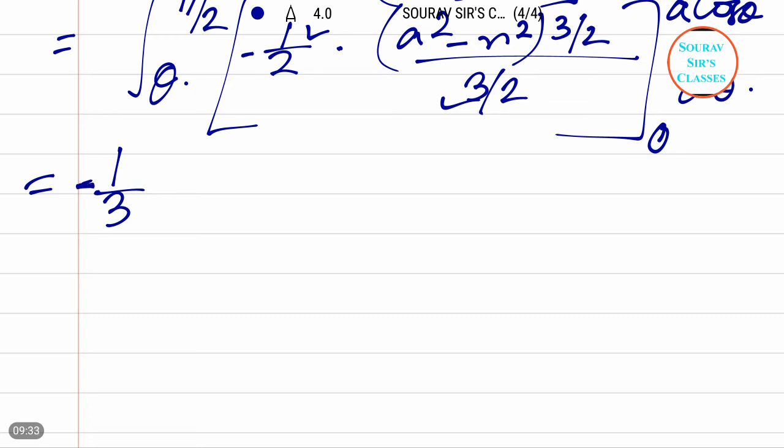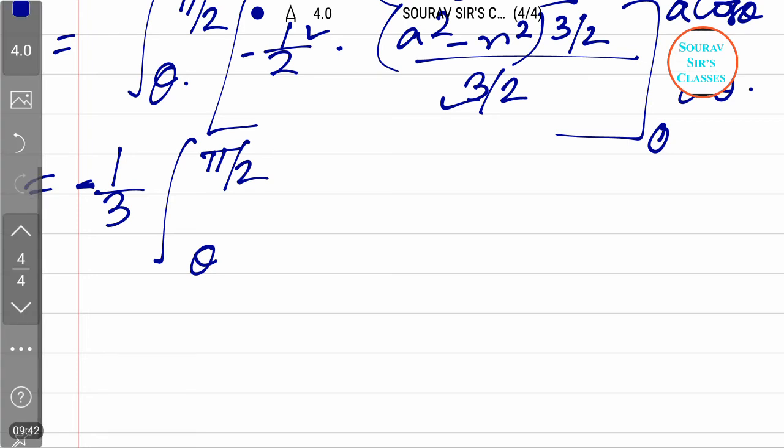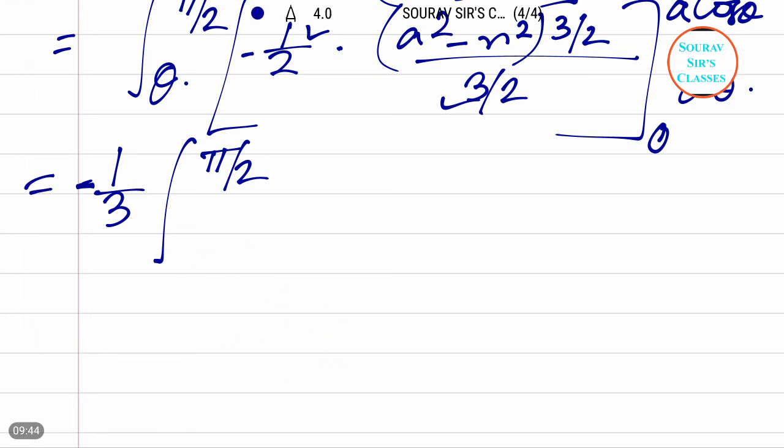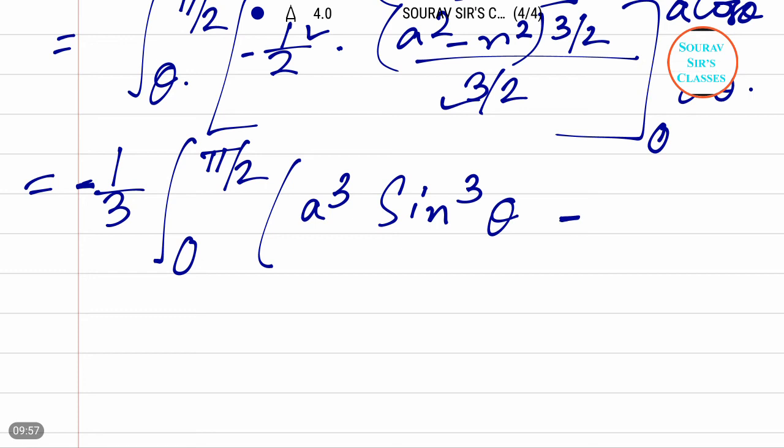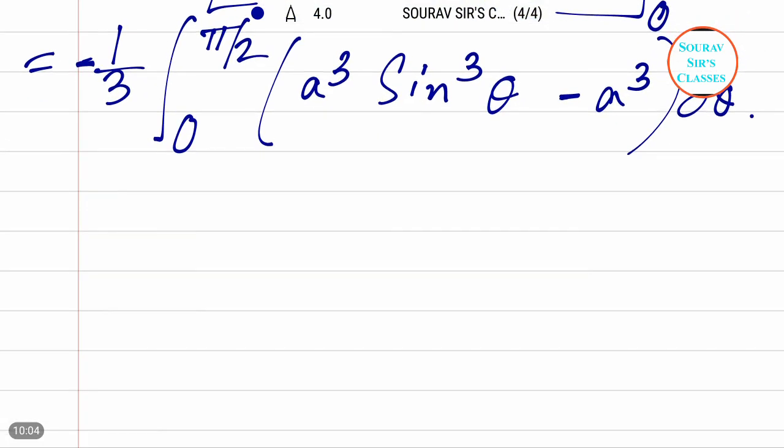So here is minus 1 by 3, integration of pi by 2 is the upper limit and the lower limit is 0, and here it is a cube sine cube theta and minus a cube d theta.